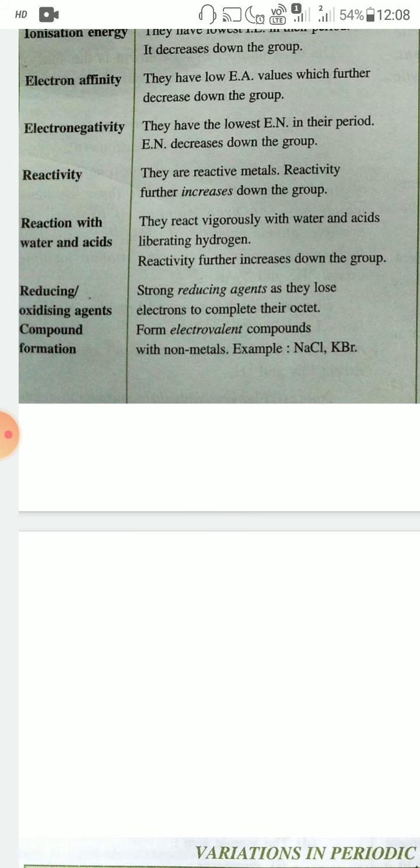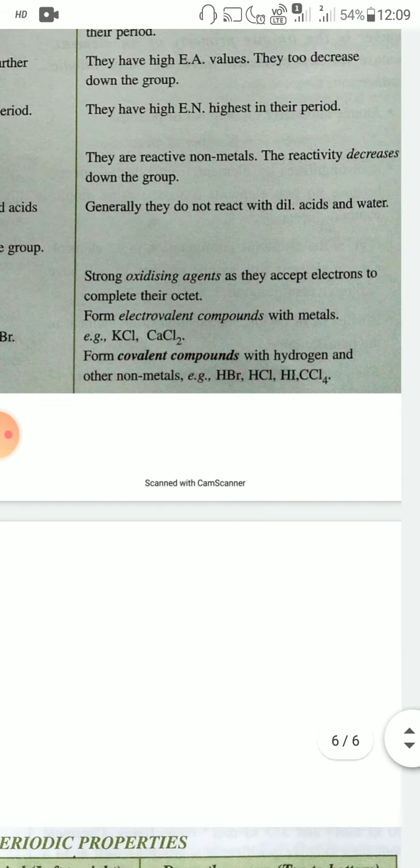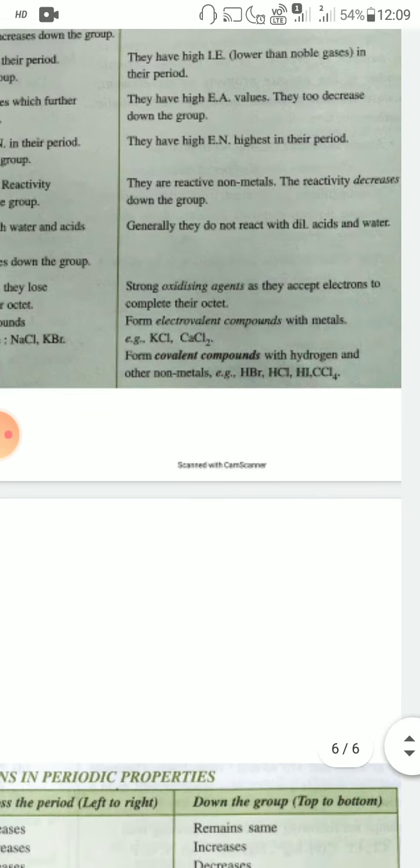Reducing character: as alkali metals are metals, they easily lose electrons, so they are strong reducing agents. Halogens are non-metals, they easily accept electrons to complete their octet, so they are strong oxidizing agents.